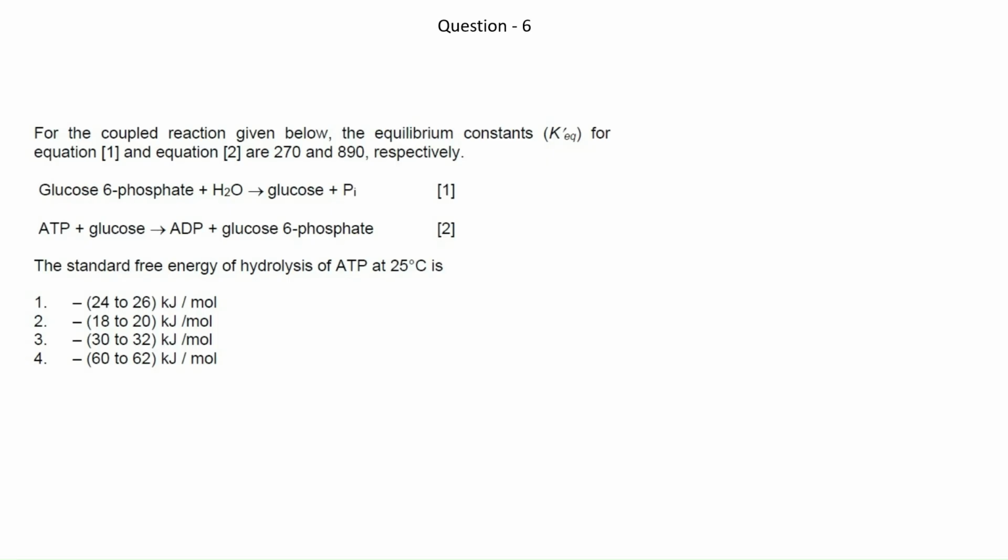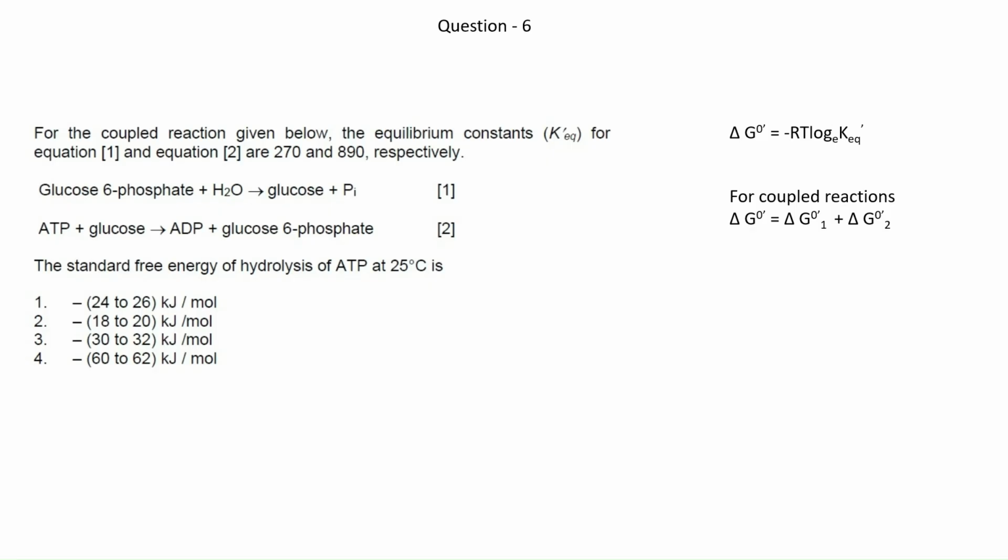Now, for coupled reactions, the net change in the free energy will be the sum of the free energy changes for both reactions, that is reaction 1 and 2. Now, as we saw in the last question, the equation for the change in free energy is negative RT log K, the equilibrium constant.